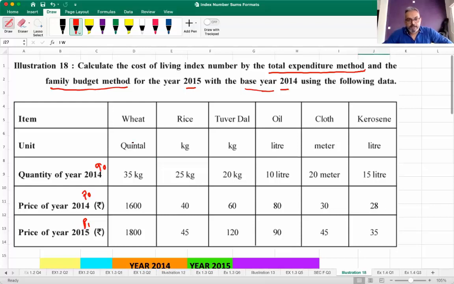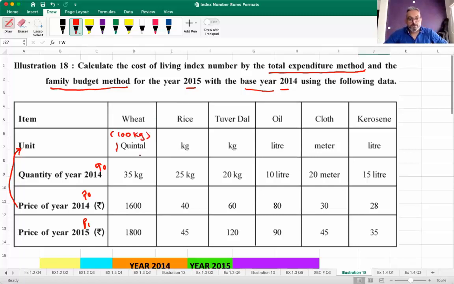Now tell me, this unit is for what? It is for prices of various years. So if you want to buy 1 quintal in year 2014, this price is for this unit, then you have to pay 1600 rupees. Now what is quintal? 1 quintal is equal to 100 kg.